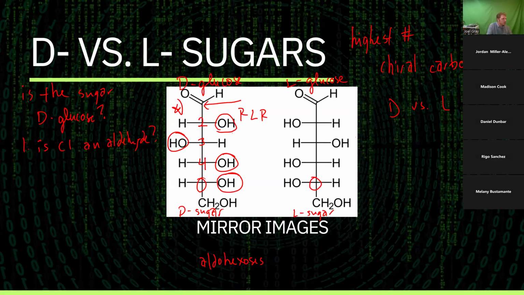So we'll go through this. And I'm referencing glucose just because of the biological significance of glucose. Next step is I'm referencing, and I want you to know D-glucose because, again, the biological significance of D-glucose. And I'll get into that in a little bit. But is carbon number 1 an aldehyde?